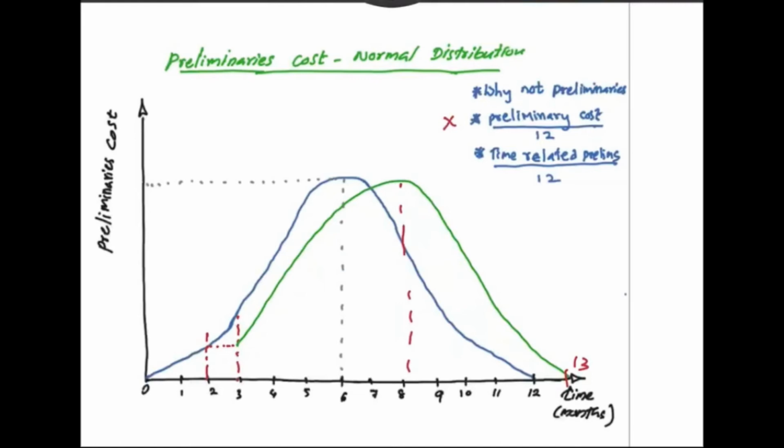And even if we take out the time-related cost and divide it by the number of months, it's still not correct, because preliminaries will not show the correct actual cost incurred by the contractor at the time of the delay event.